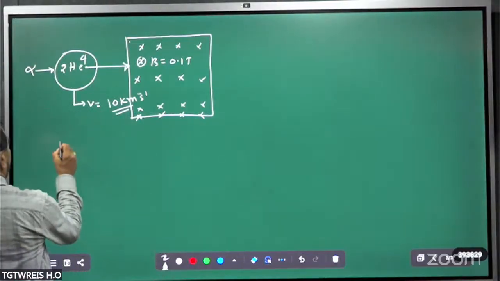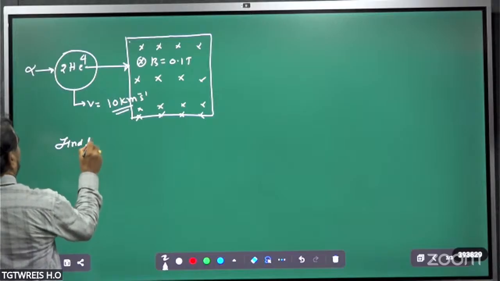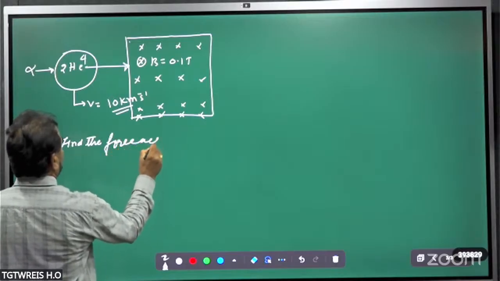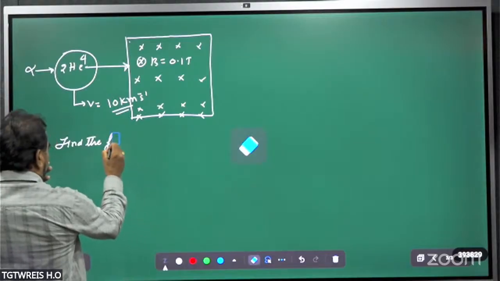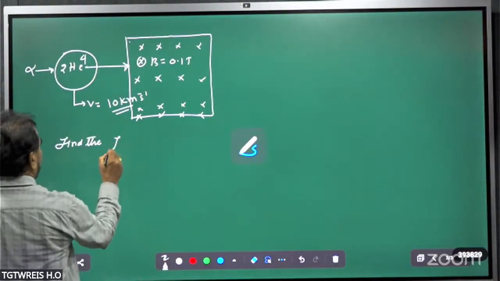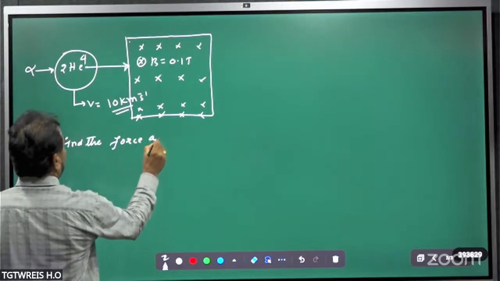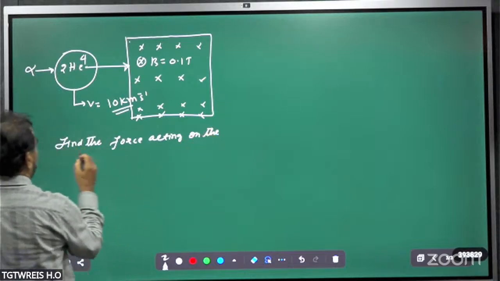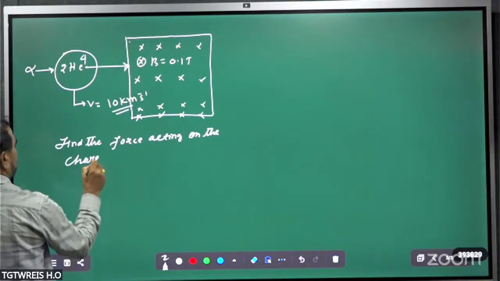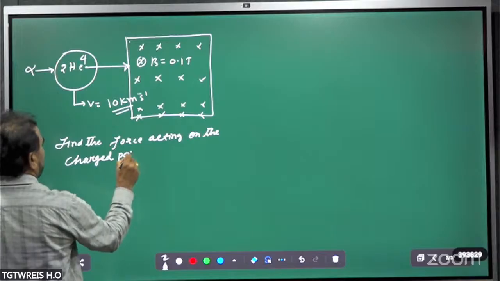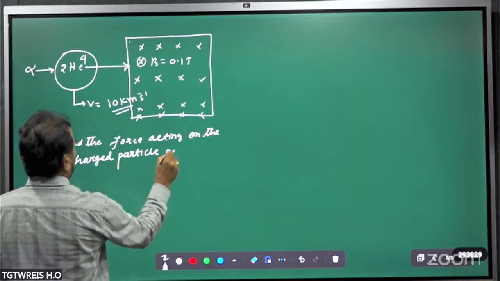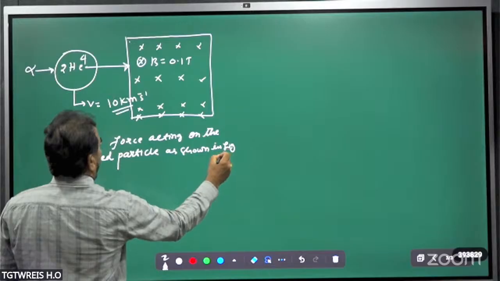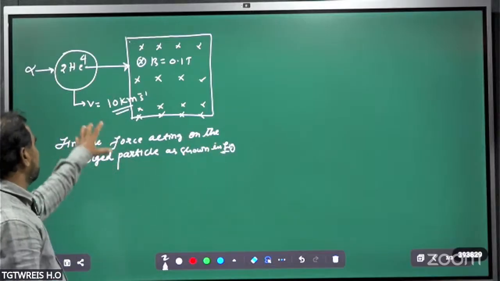Problem: find the force acting on the charged particle as shown in figure. How much amount of the force is acting on the charged particle?